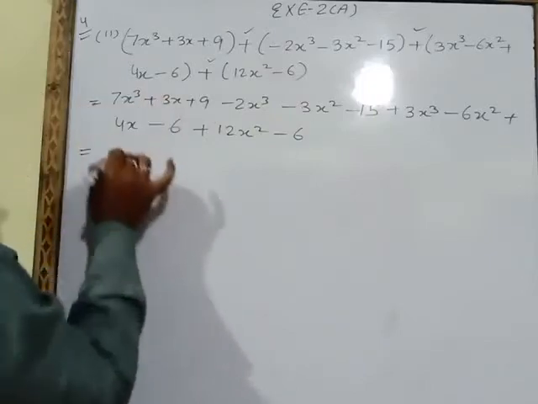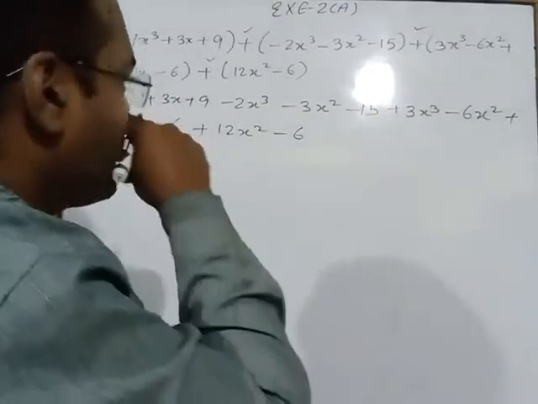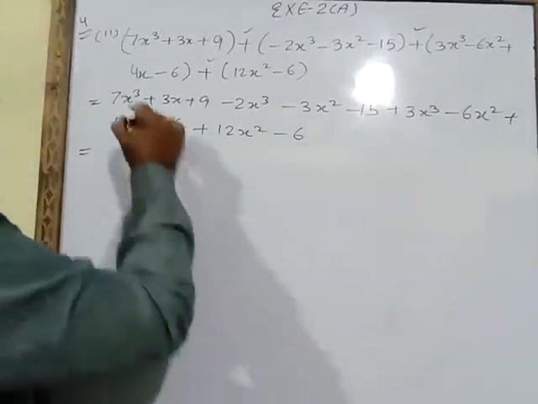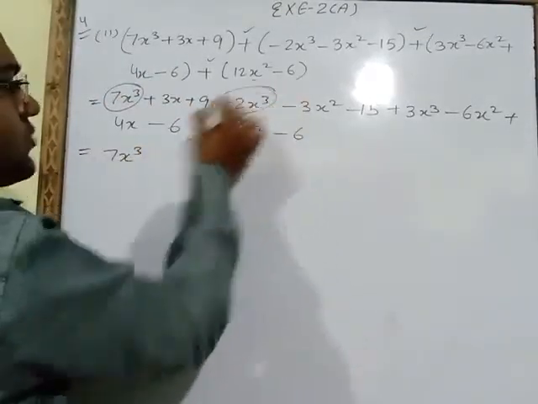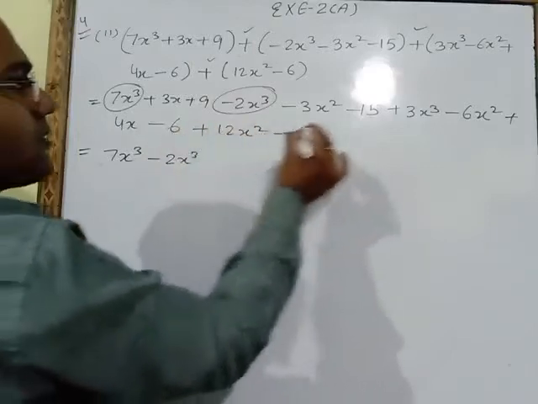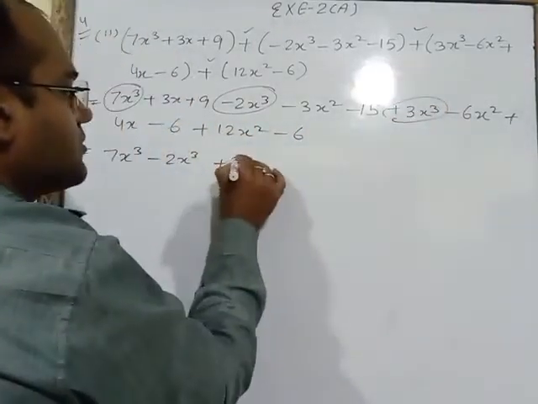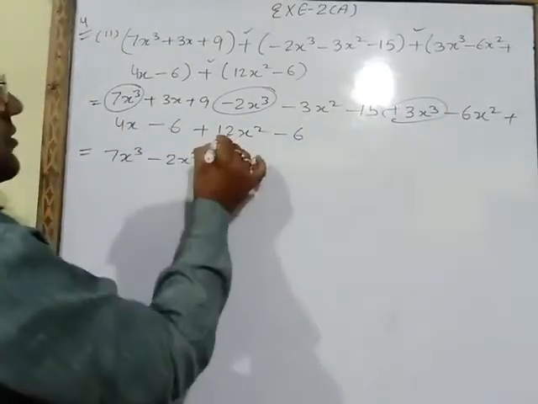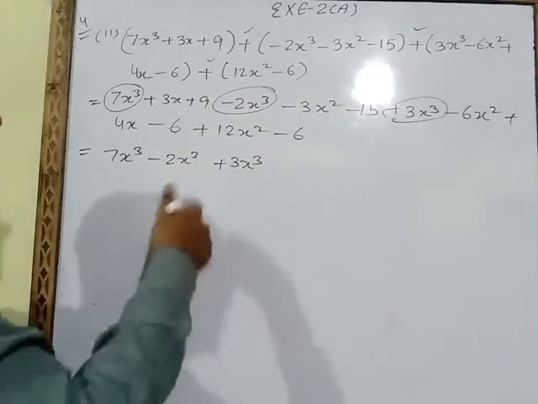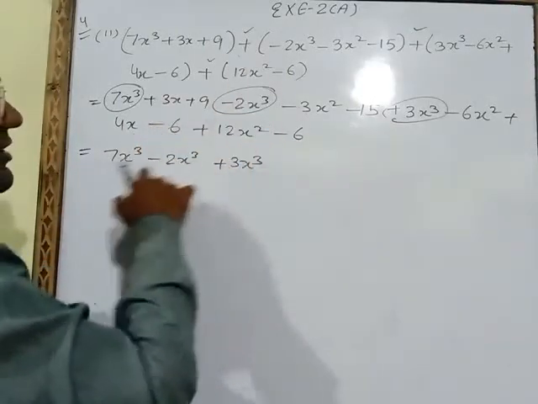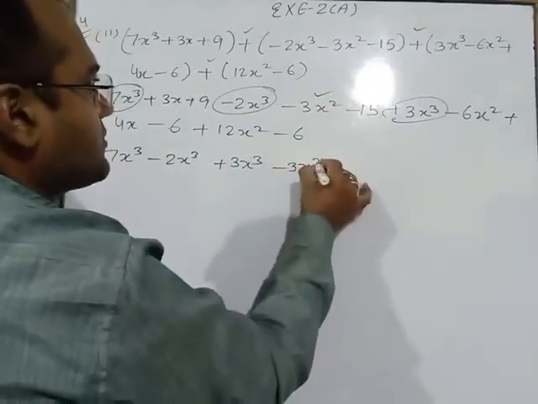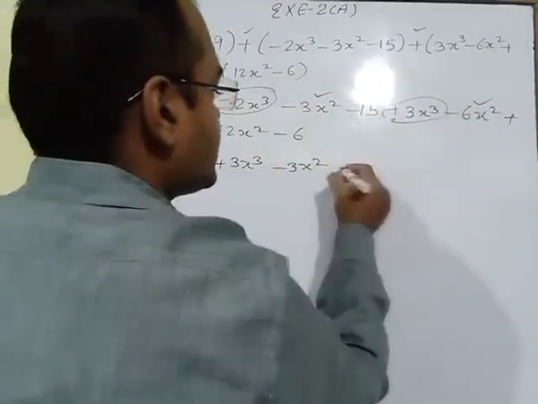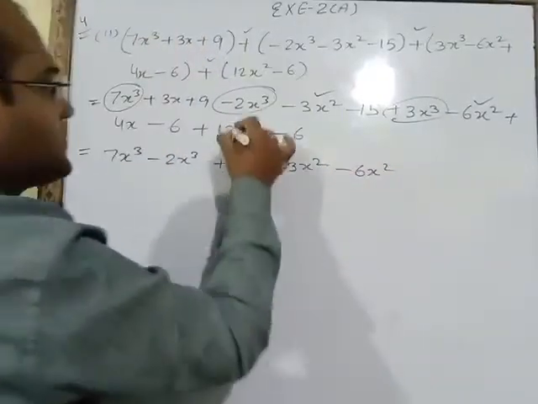Now the bracket is open. Now what we have to do, we have to write the like terms. 7x cube, minus 2x cube, plus 3x cube. These are like terms. Another like terms, square ones. These are the cubes. Now we will write square: minus 3x square, minus 6x square, plus 12x square.